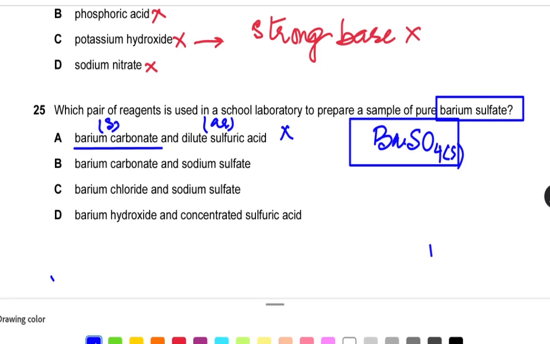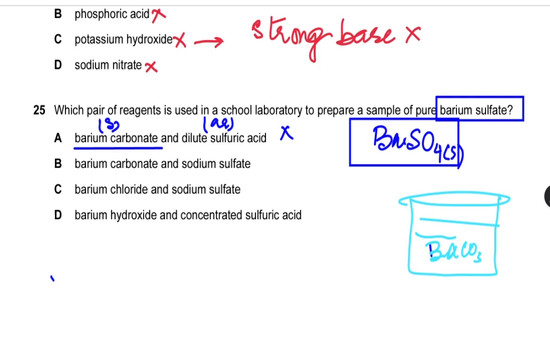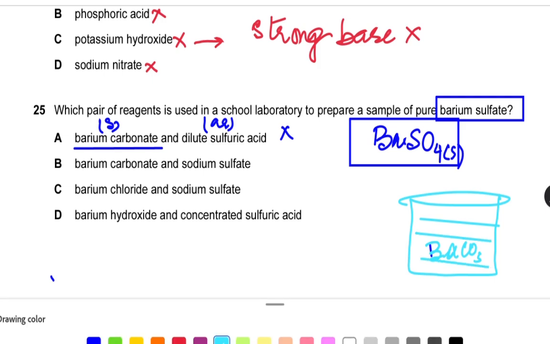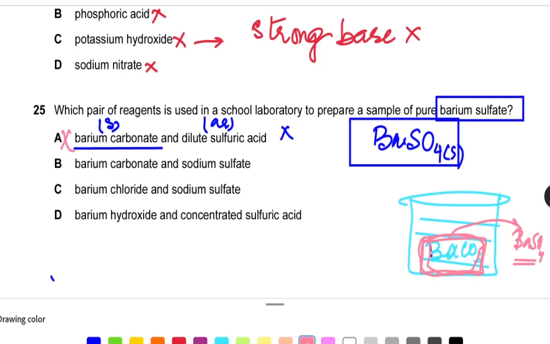If we say here is the barium carbonate, and we are adding sulfuric acid in it, it seems first to react, but a layer around this barium carbonate will be formed and the reaction will stop. Why? Because an insoluble layer of barium sulfate will be formed around it and the reaction will not take place. So that's why this option is wrong.